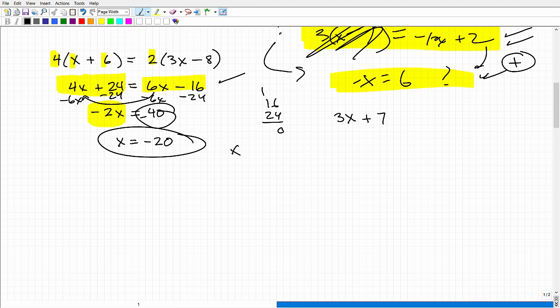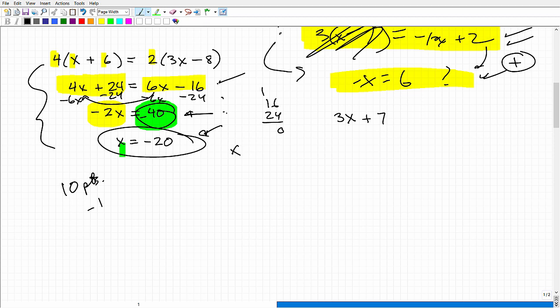This should be a negative 40 right here, but they wrote 40, but they did their final part correct. They divided both sides of the equation by negative 2. So this little error right here, although that's significant, if this problem is worth, let's say, 10 points, some teachers might only dock you 1, or maybe 1 or 2, even though you have the wrong answer.